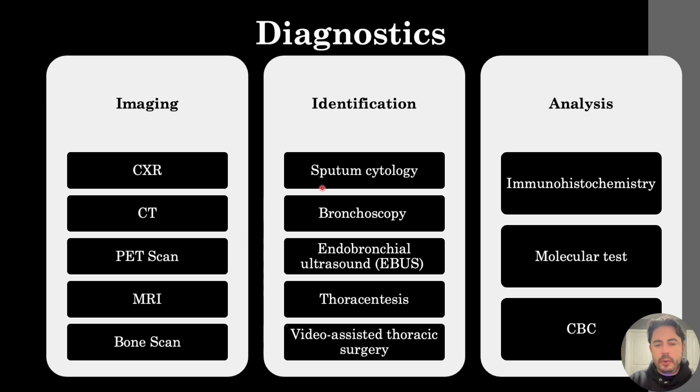When we look at identification, we can look at sputum cytology, so we can have that patient cough up a sputum and we'll take that sputum down to the lab and do some testing on it. Bronchoscopy, this is a needle biopsy or a brushing biopsy. In the bronchoscope, there is what's called a working channel.